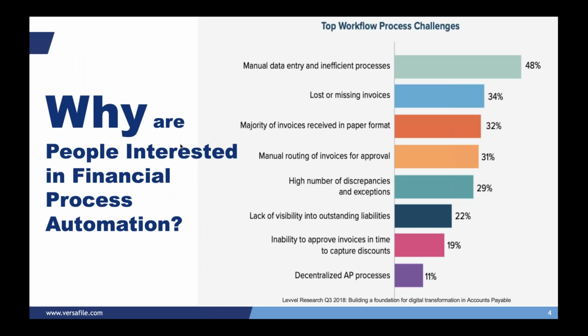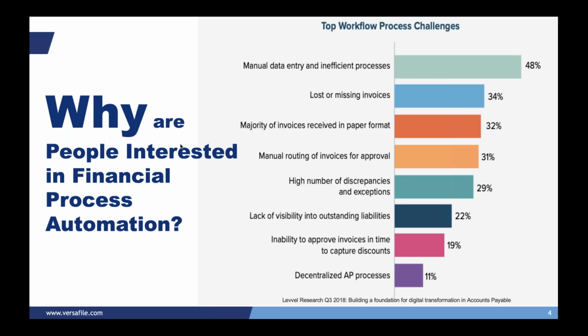So why does financial process automation continue to be a key focal area for businesses around automation? Well, for starters, it can improve cash management, provide better governance, and a broader and more accurate visibility into financial liabilities and processing.